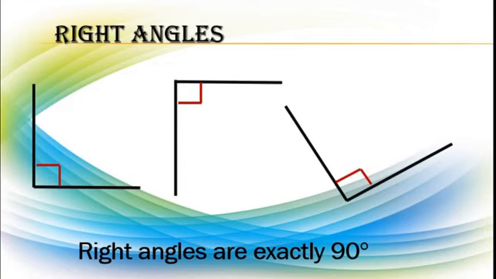Two lines meet at a point, and at that point it is exactly equal to 90 degrees. So these are called right angles. Okay? Right angles are exactly 90 degrees.